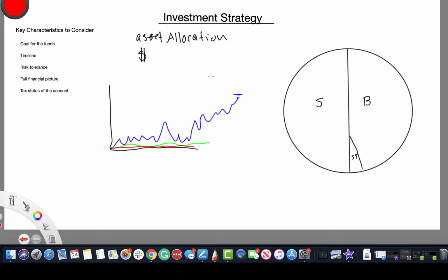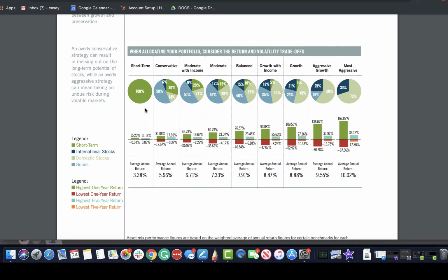Now, a great illustration of this, in addition to the poor drawing I just gave you, is this great brochure from Fidelity. They give you all the major classifications of asset allocations, starting from the most conservative here on the left, being all cash or short-term equivalents, and then moving to the most aggressive, which is a composition of 70% domestic U.S. stock and 30% international stock.